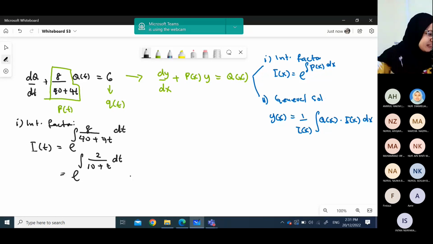Okay, so integrate this one. We have exponent 2 natural log of 10 plus t, integrate 2 over 10 plus t respect to t.